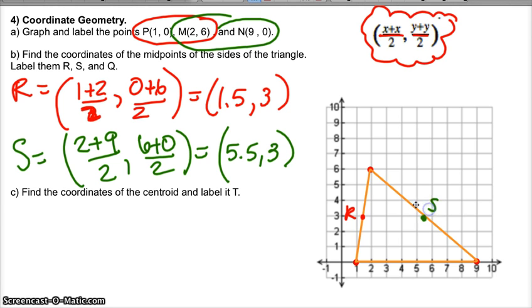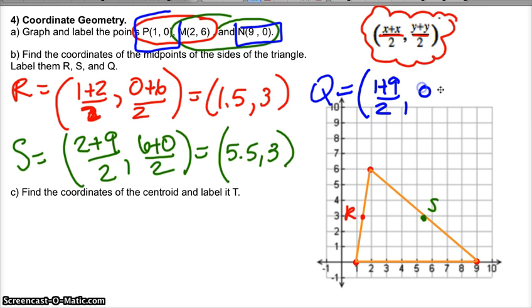I'm going to call this one S. And then my last calculation, I guess I can do it over here, is going to be for point Q. And that's going to be N and P. All right. So 1 plus 9 and 0 plus 0 is going to give me 5, 0. So right here. And I'll call it Q.